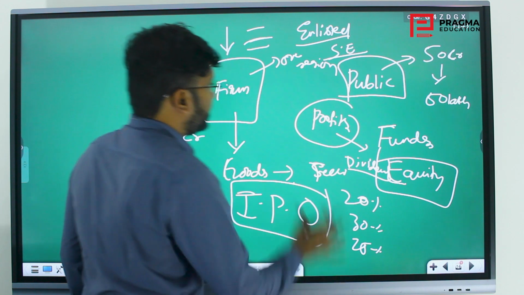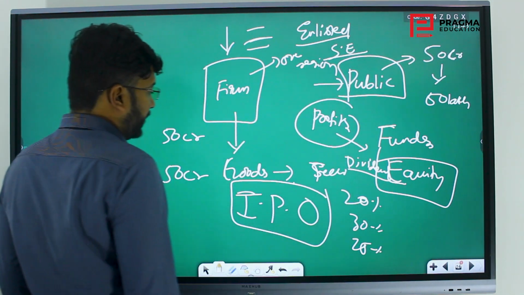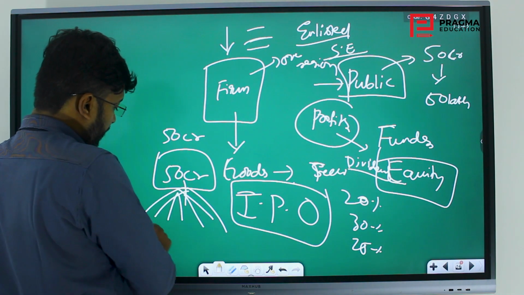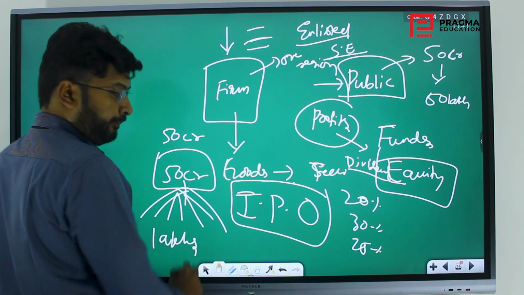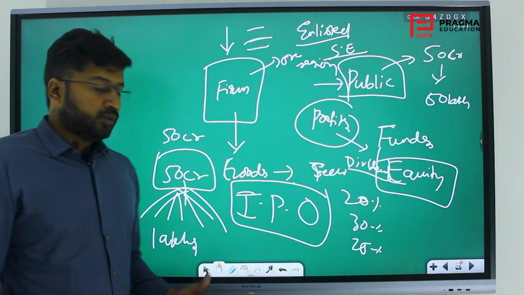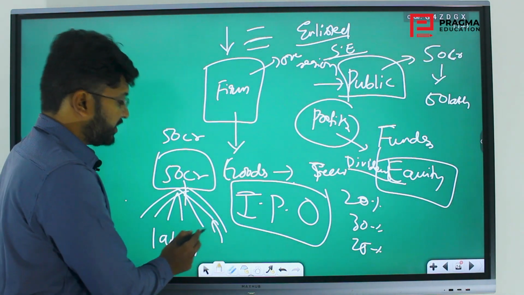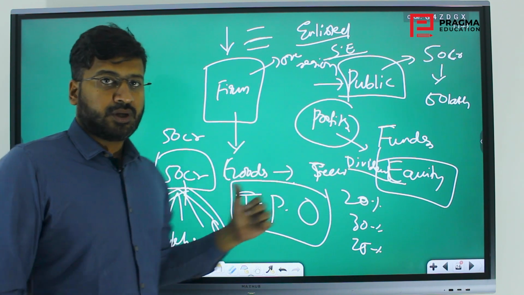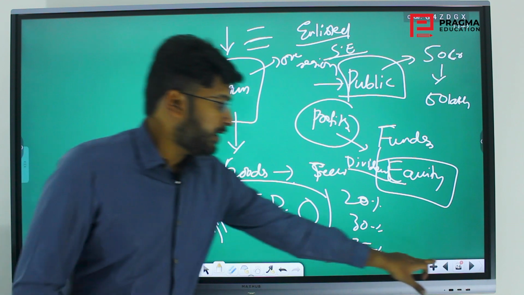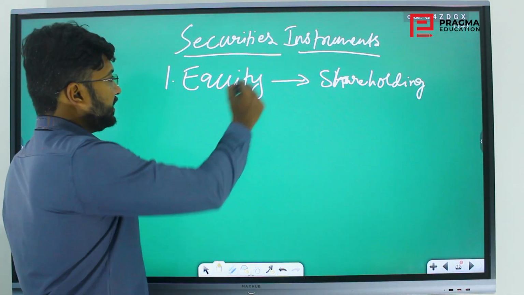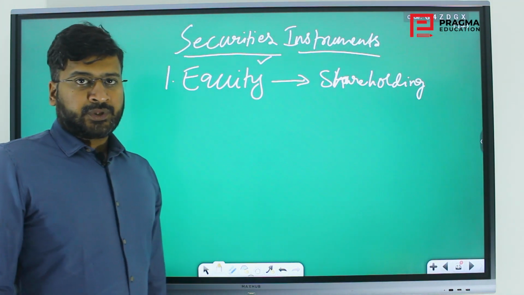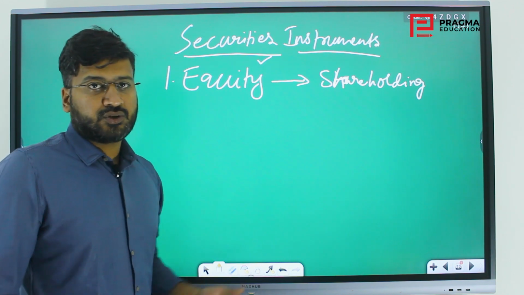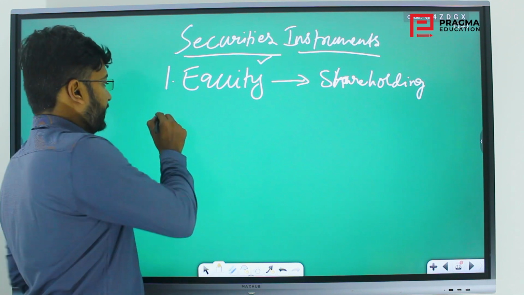As I explained, when the company is going public, it will divide this 50 crore and sell it to some lakhs of people. It will give a few shares to each of them. All the public will invest in it so that they will get dividends when the company earns profits. So it is capital raising. The first main instrument is equity, that is shareholding. Whenever a company goes public, it gives shares to the public, that is equity.